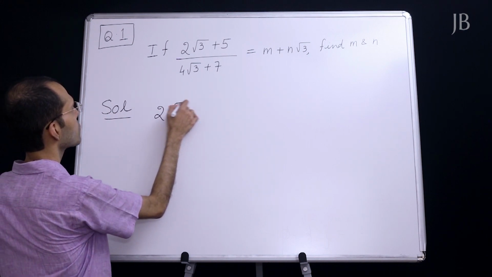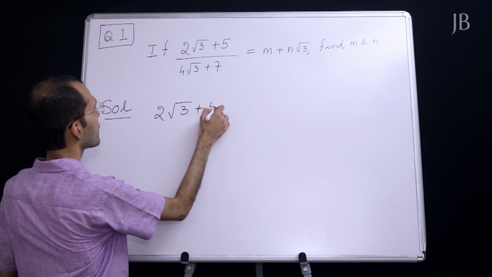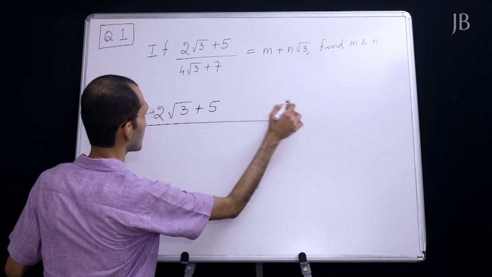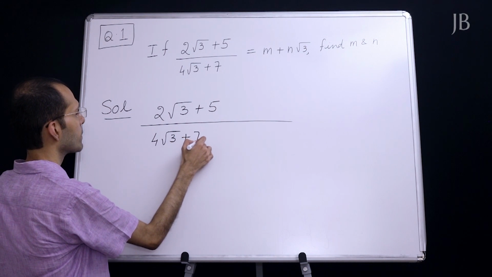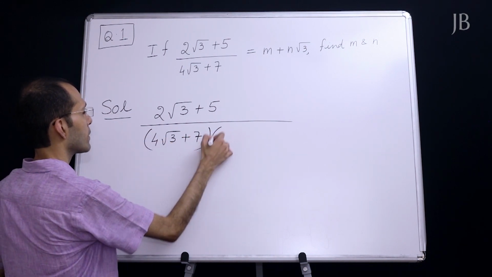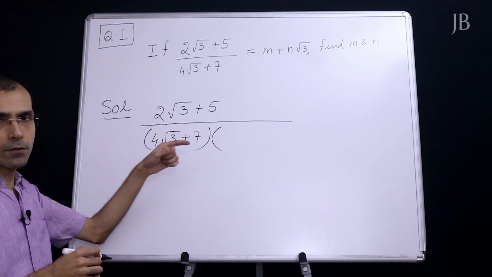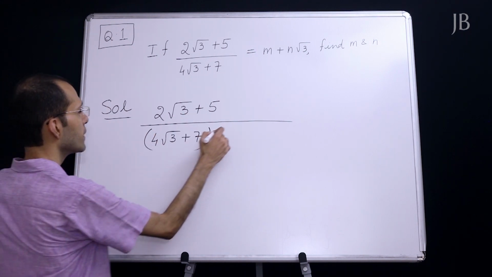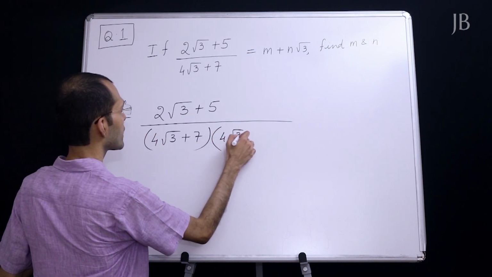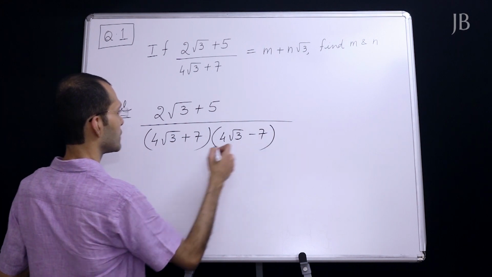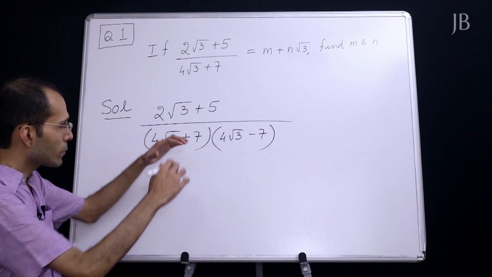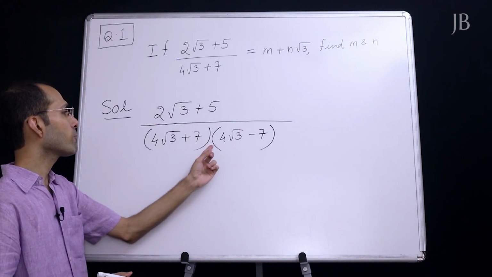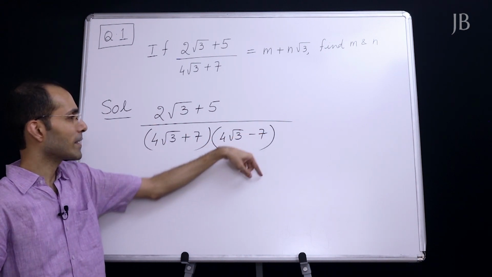We will write 2 root 3 plus 5 upon, be very careful and observe and understand, 4 root 3 plus 7. The rationalizing factor of this, or the conjugate of this, would be 4 root 3 minus 7. This is like 4 root 3 plus 7. So to rationalize this, we will have to take 4 root 3 minus 7.